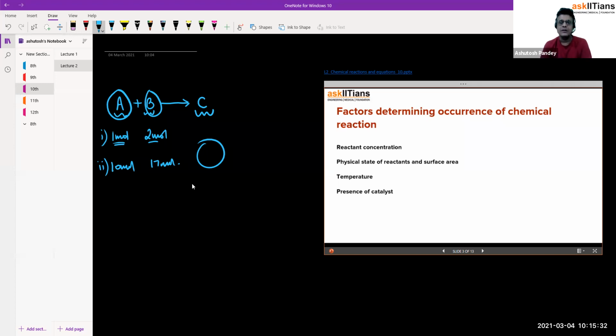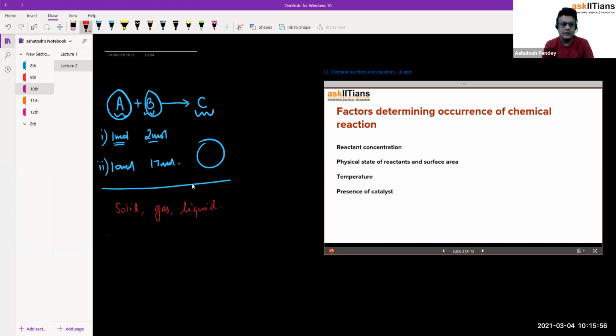Next, physical state of reactants and surface area. Let me explain this. We know that any substance exists in either solid, gas or liquid form.